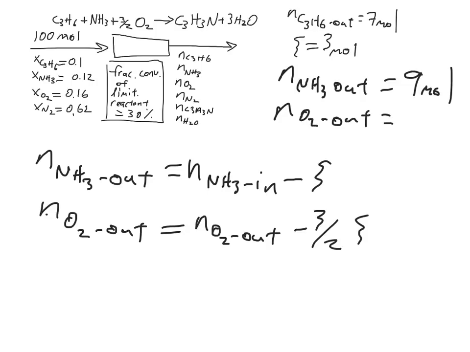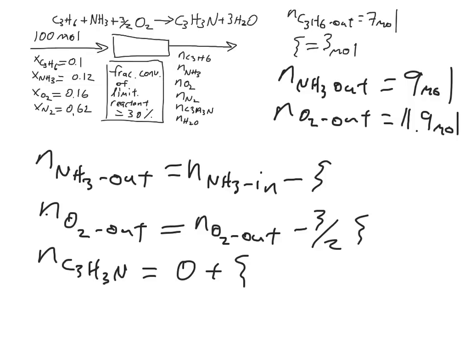And if I do the math right, I get around 11.9 moles, and then finally we have NC3H3N is equal to the amount coming in, but it's 0, we don't have any in the feed, plus the extent, so that's equal to 3 moles.